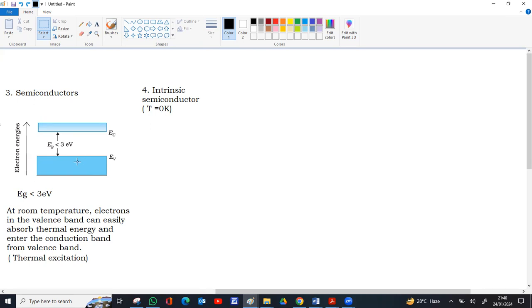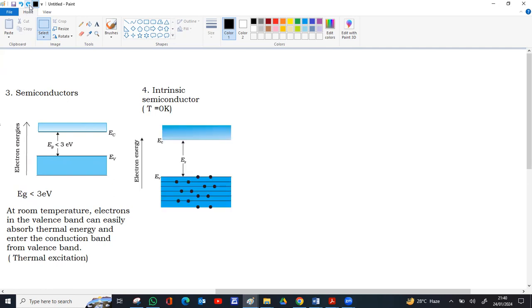No electron will be able to enter the conduction band because there is no thermal energy supporting the thermal excitation. So the valence band will be completely filled, the conduction band will be completely empty. So an intrinsic semiconductor at 0 Kelvin acts as an insulator.